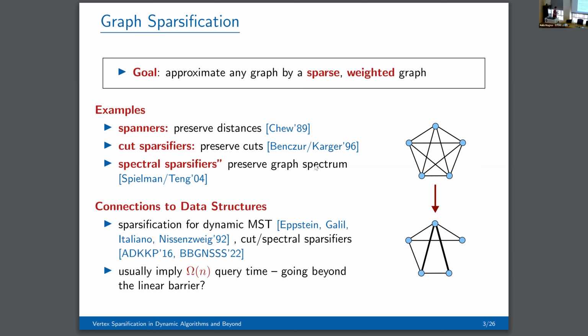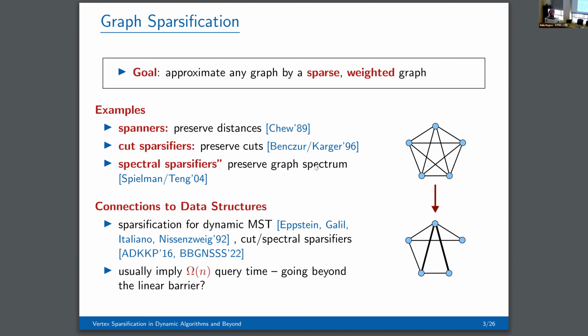And what is the connection of these things to data structures or dynamic graphs? Well, these things have been used a lot, namely in speeding up dynamic minimum spanning trees. For example, there is also recent work that dynamically maintains cut and spectral sparsifiers.